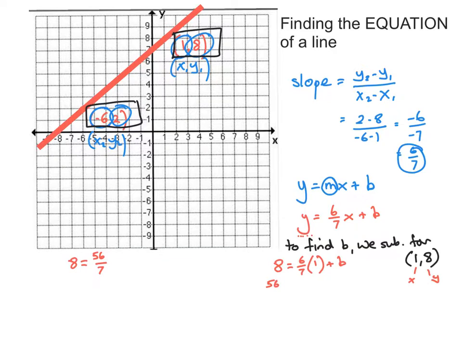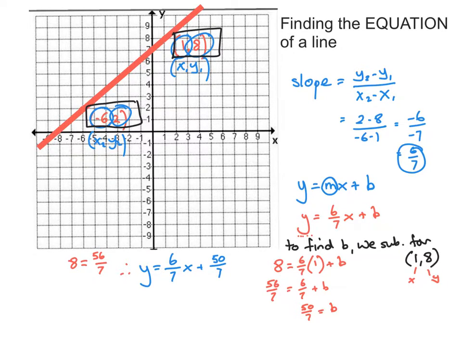So 56 over 7 equals 6 over 7, because 6 over 7 times 1 is 6 over 7, plus b. Subtract 6 over 7, we get 50 over 7 for b. Your final answer is y equals 6 over 7x plus 50 over 7.